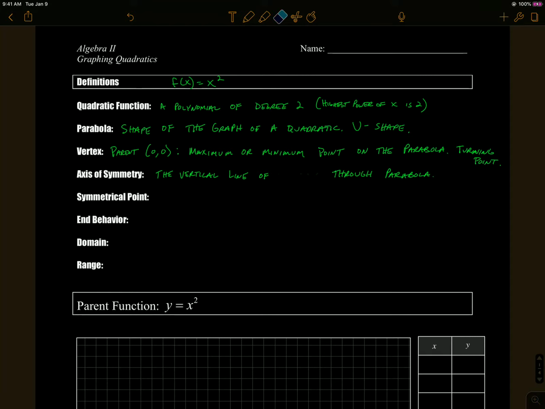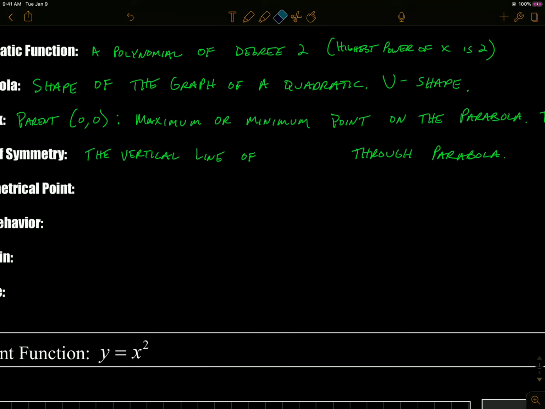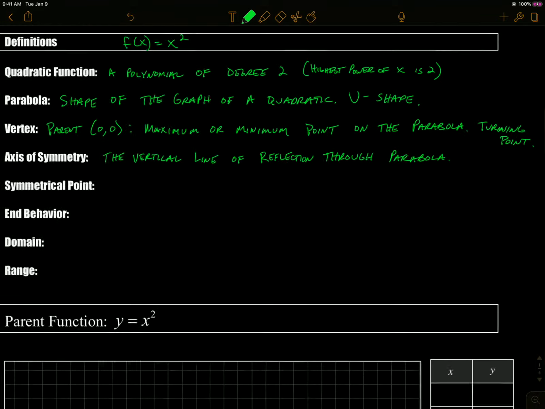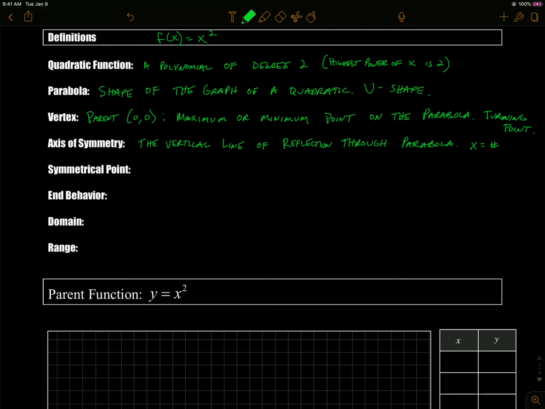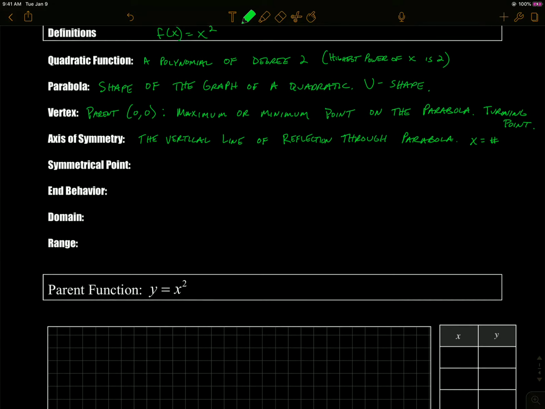The vertical line of reflection. And it's always going to go vertical. When we talk about this axis of symmetry, we have to give it an equation. Vertical lines always have the equation x equals some number. And we'll talk about how we know what that number is a little later.